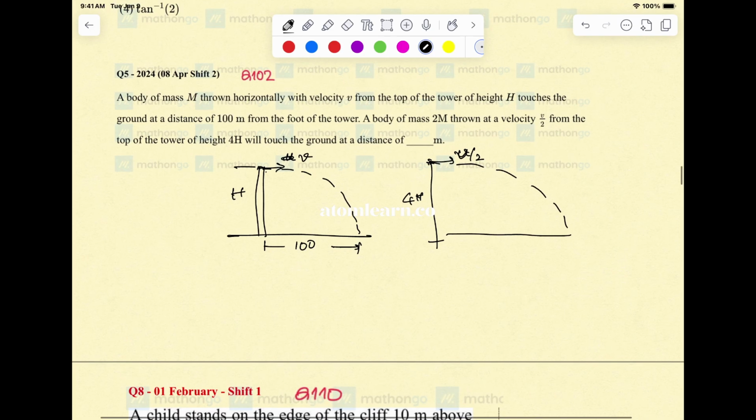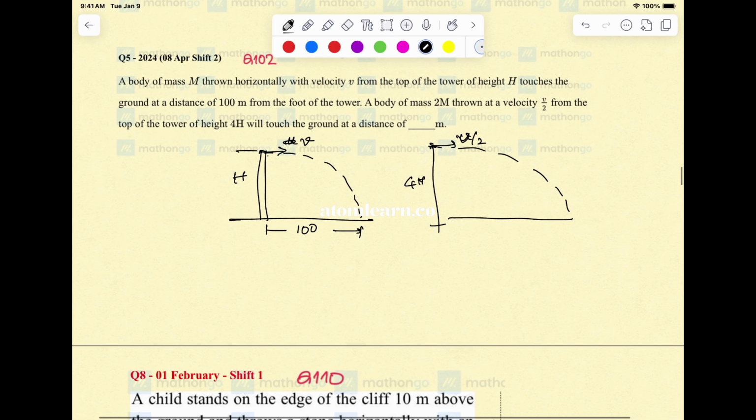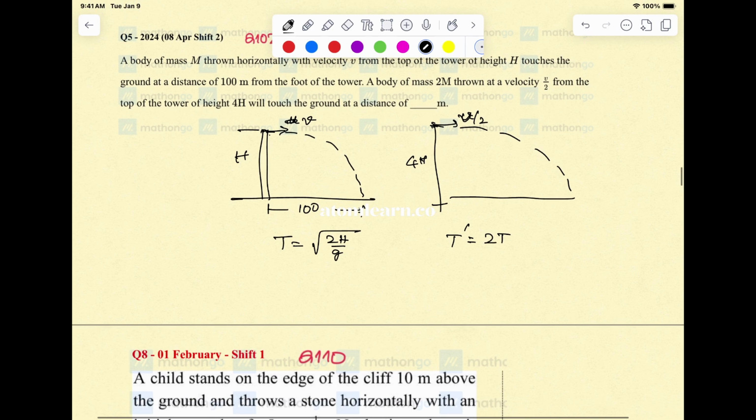Okay. What the formula is is one thing, whereas the fundamental approach is what the time is here. The time here is root of 2h by g, whereas the time there is root of 2 into 4h by g, that means it is 2 times t, because root of 4 is 2. And then for the range, 100 equal to initial velocity into time.